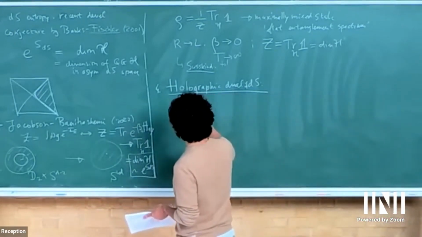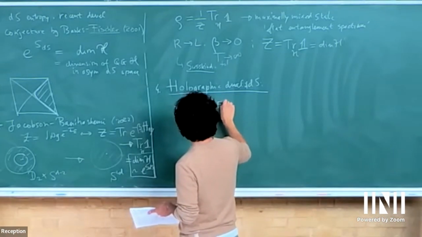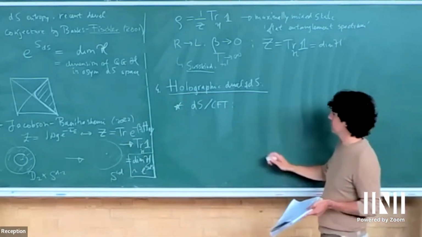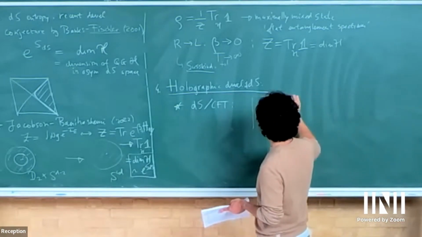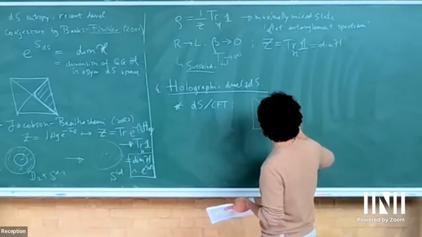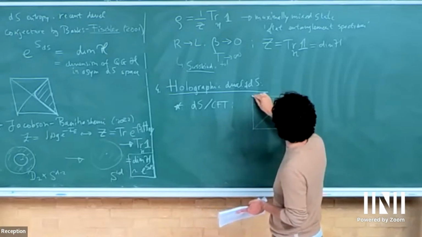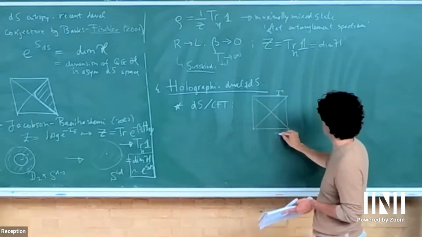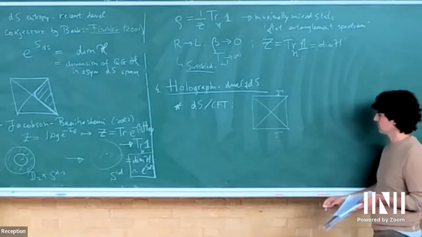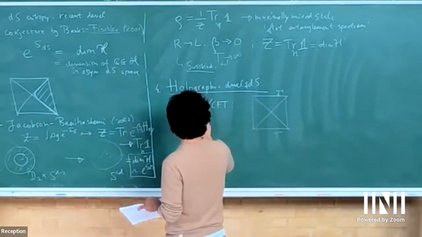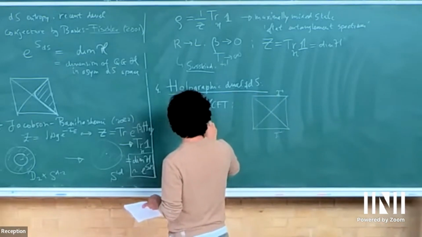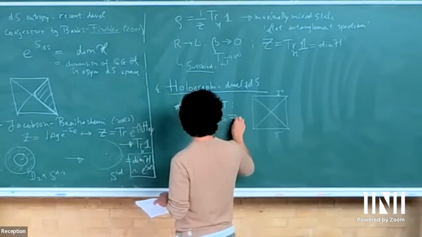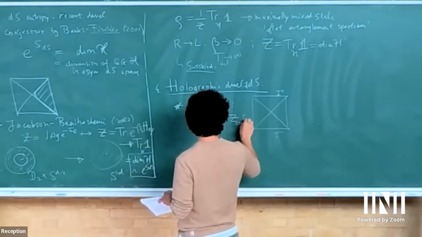One is by Strominger, the dS/CFT correspondence, which says that the holographic dual lives at I plus and I minus. The fundamental statement is that the wave function is related to the CFT partition function.